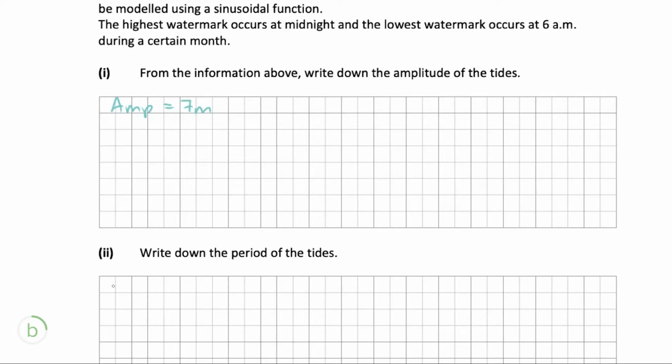So we know that the highest point is at midnight and the lowest point is at 6 a.m. So therefore, when it's going to be the highest point again, is at 12 p.m. Therefore, we can say that the period is equal to 12 hours.